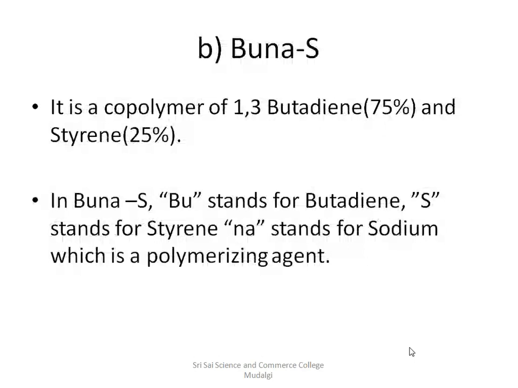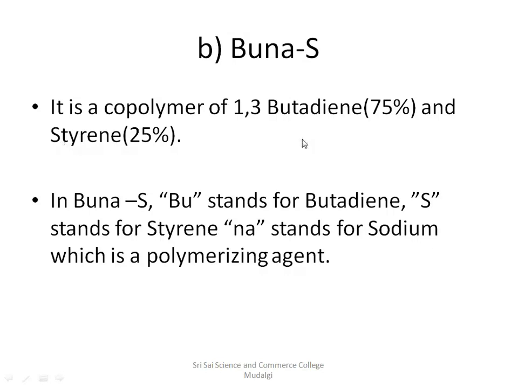Now the second type of synthetic rubber, a very important one that is most often asked in examinations, is Buna-S. It is obtained by copolymerization of 1,3 butadiene and styrene. The monomers for the formation of Buna-S are 1,3 butadiene and styrene.